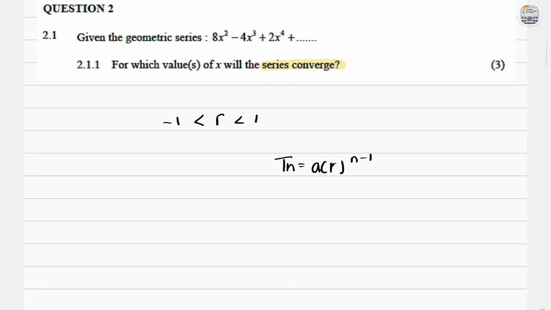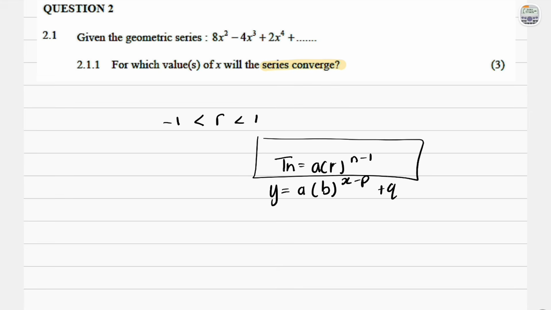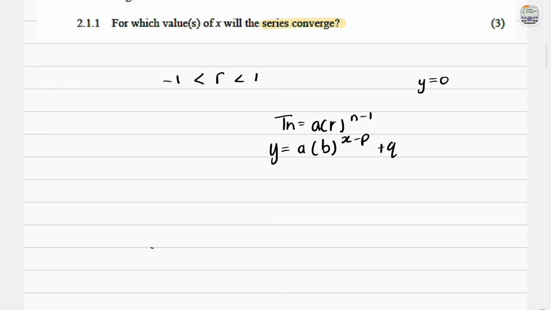Now think about what an exponential function's equation looks like. That is y equals a times a base raised to the power of x minus p plus q. Now, do you see here that we do not have any plus q? This means that the value of q here, your horizontal asymptote, is 0. Okay, so you have a graph that has a horizontal asymptote of y equals 0.